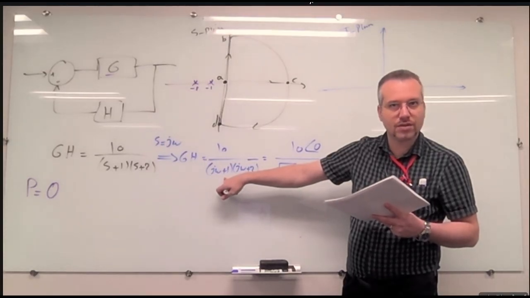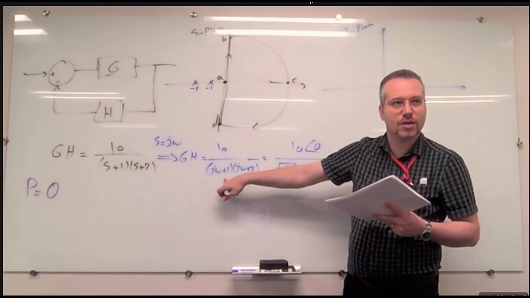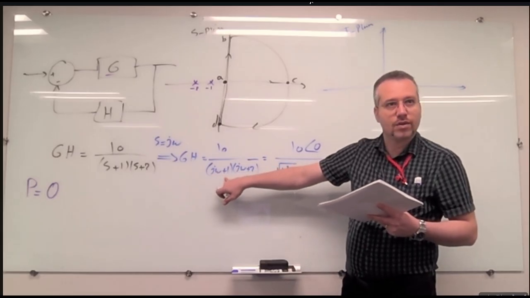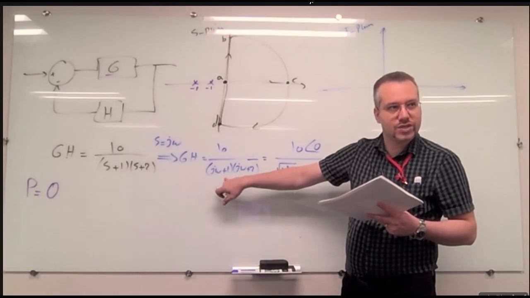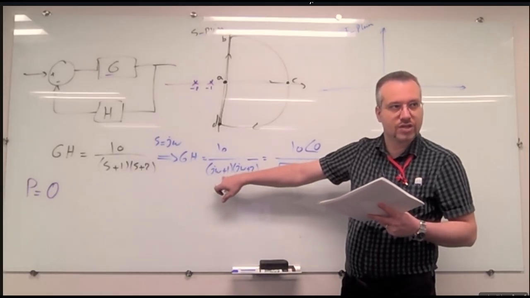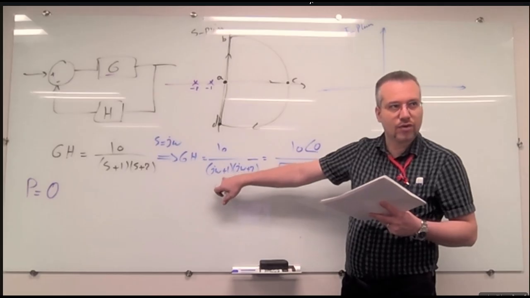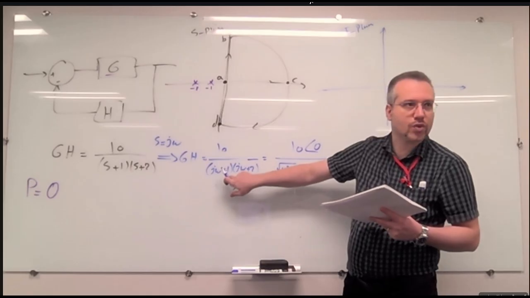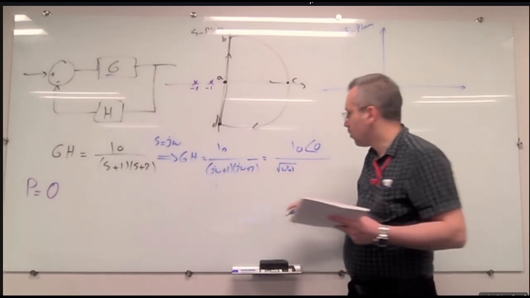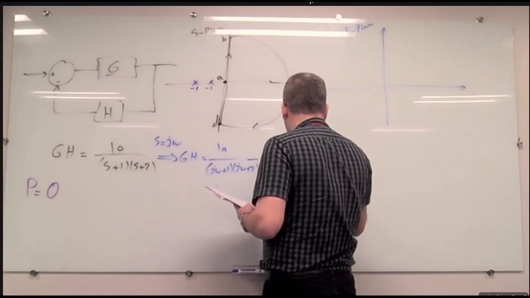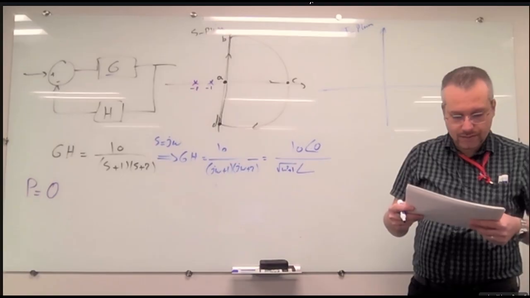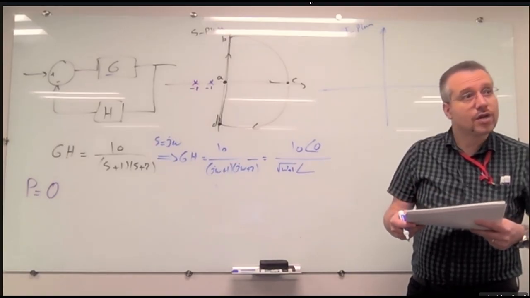Are we good on that? It's a triangular concept. Any questions about what I did? We have j omega plus 1. The vector that shows this complex number, the magnitude of that is going to be the square root of omega squared plus 1. What about the theta of that? The theta of that, sorry?